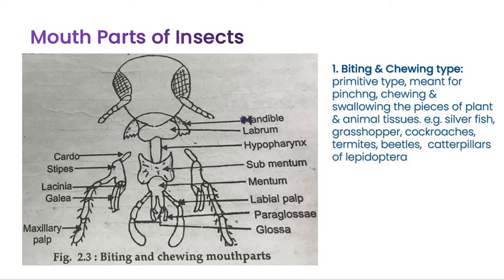So here you can see the first, or primitive, kind of mouthpart of insects, the biting and chewing type.